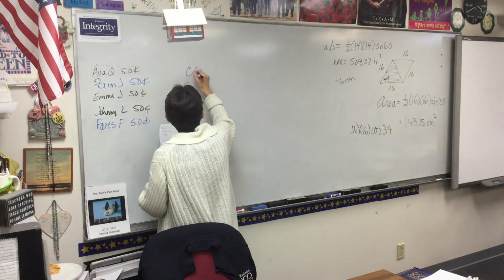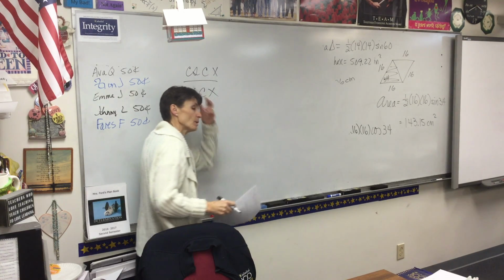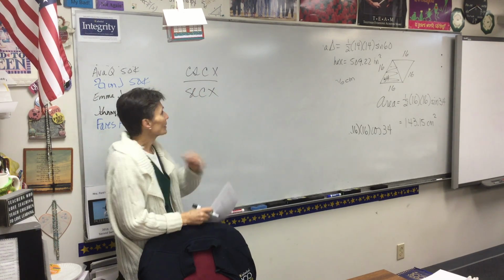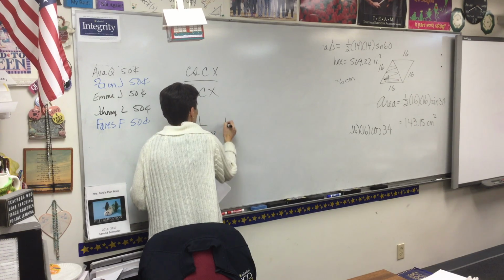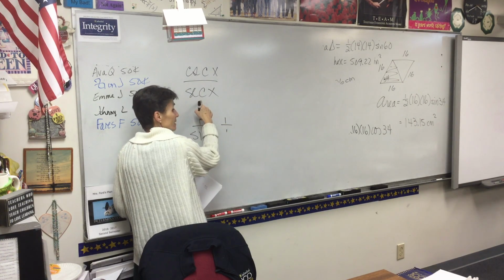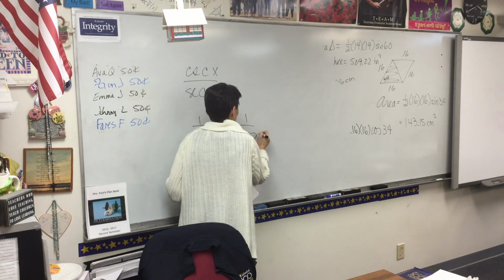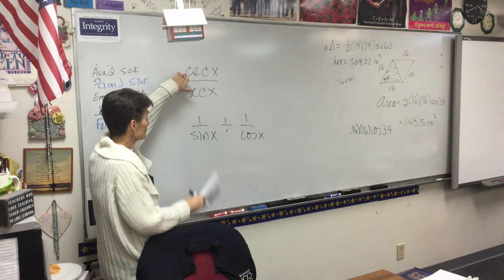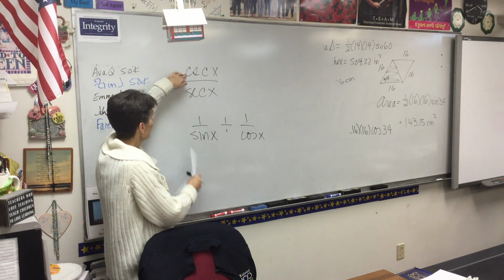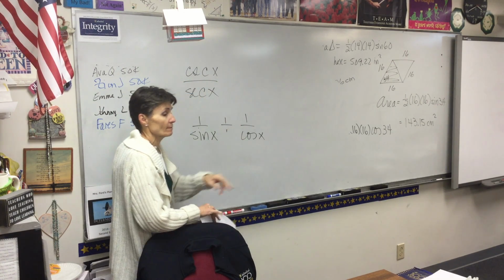All right, so cosecant divided by secant. Do you have an idea? What is your thought? 1 over sine. So 1 over sine divided by cosine, 1 over cosine. So cosecant is 1 over sine, and that is being divided by 1 over cosine.